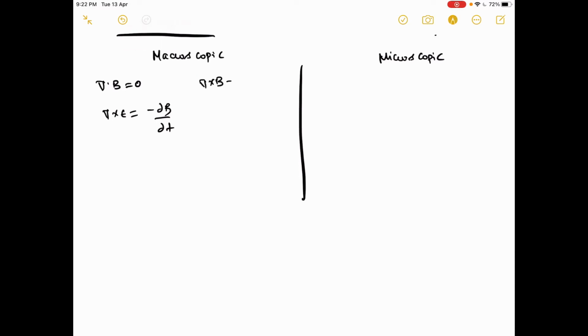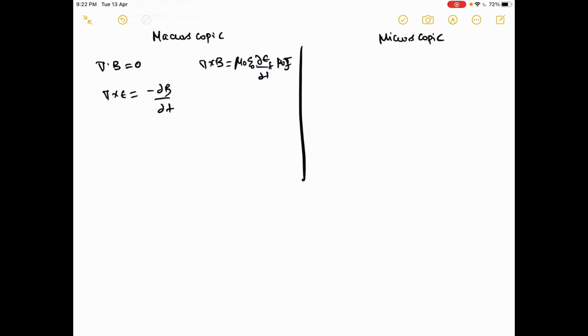Del cross B is mu naught epsilon naught dou E by dou t plus mu naught J, if there is current, right? And if you assume Coulomb gauge, you put one in the other, finally you get this equation.